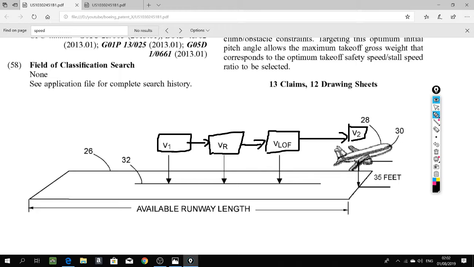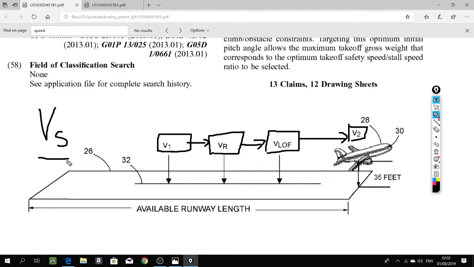V2 is also called the safety speed, and V2 will be used in the rest of the tutorial, along with another speed which is called VS, right? VS is not mentioned here in the figure, but it is mentioned in the tutorial. VS is the stall speed. We have to understand what exactly the stall speed is, in case you are not familiar with it.